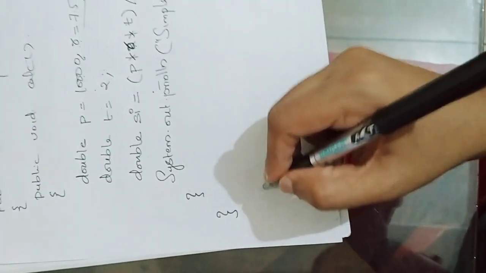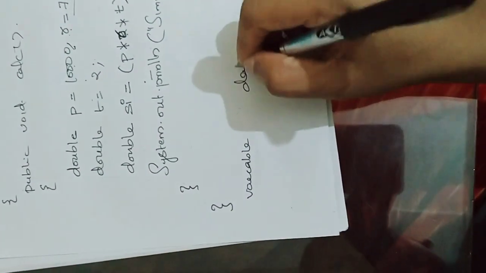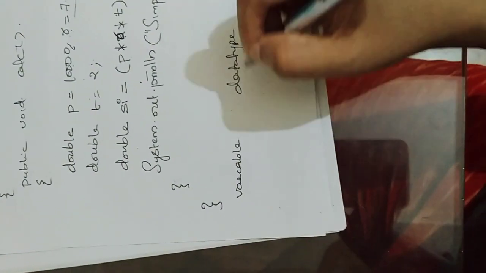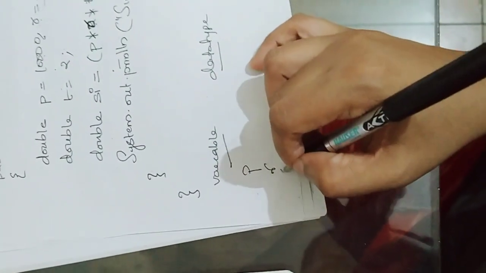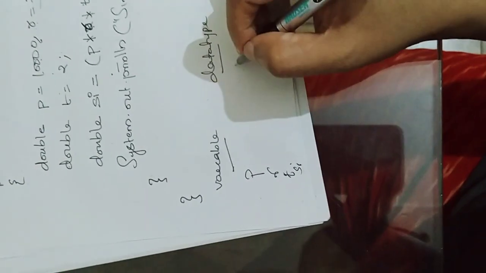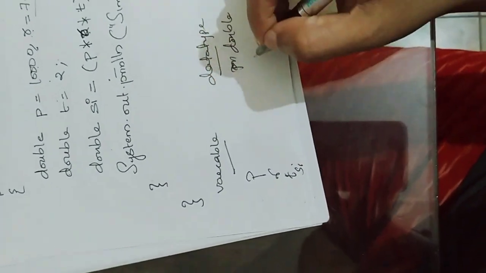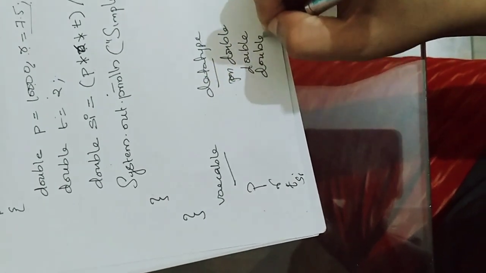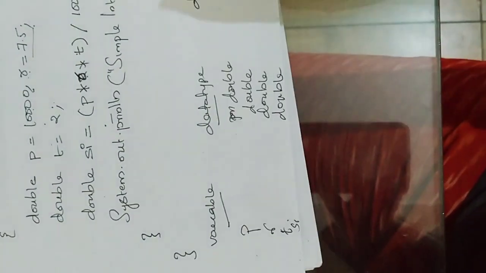Next, how will you write a variable description? Variable, data type, description. Okay. Which data types have you used? Variables are P, R, T, SI. What is the data type? Double, double, double, double. Right?